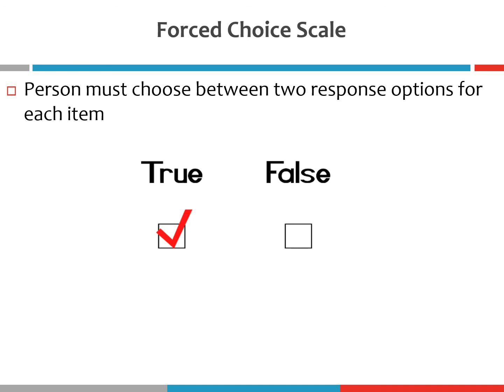So if we really want to get an accurate and appropriately nuanced sense of how a respondent feels about a particular topic, or the degree to which they exhibit a particular variable, we need to employ a scale that's more sensitive and allows for variation rather than something always or never being true.